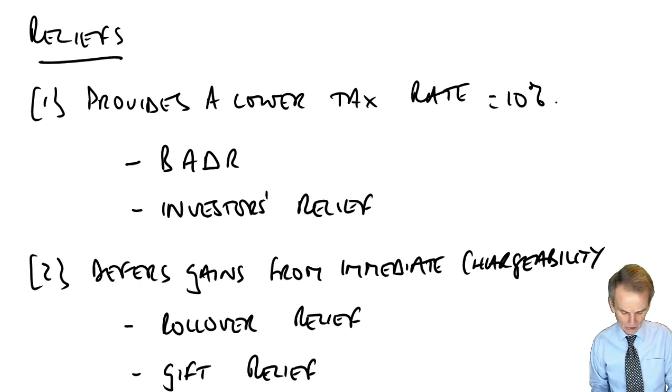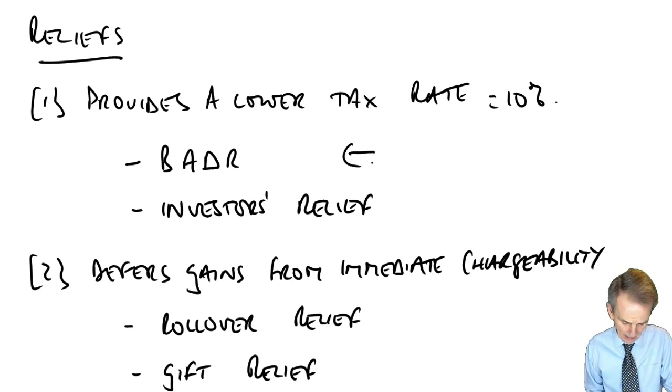Firstly, the first type of relief that we're looking at, and that will include the first on our list in this chapter. I've abbreviated there to BADR. That's not as yet, as far as I know, a recognised abbreviation, but it stands for Business Asset Disposal Relief. If any of you have any prior knowledge of this subject area from FA 2019 and before, what we used to have was something called Entrepreneurs Relief.